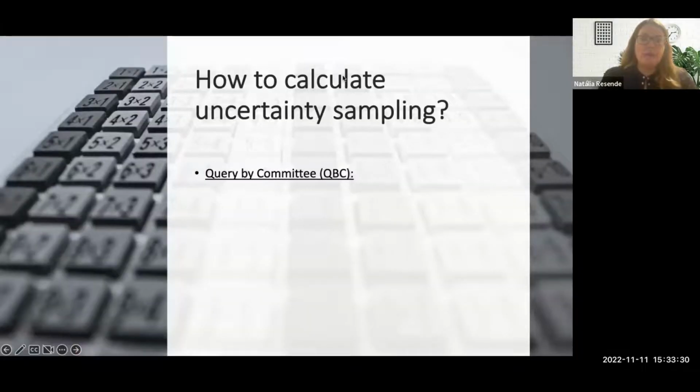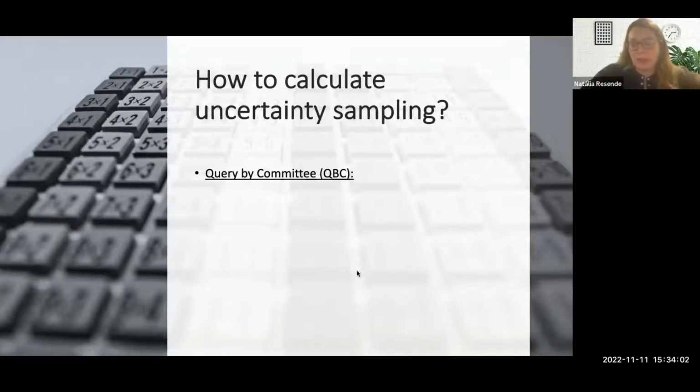And now, query by committee. Query by committee is a type of strategy that can be used both for an ensemble of models, and also for just one model, for probability models, and for models that do not return probabilities.